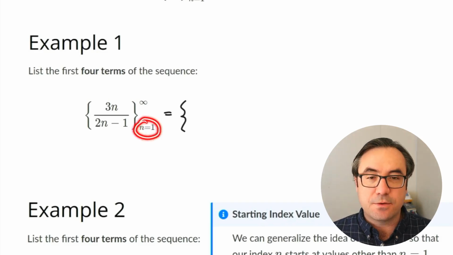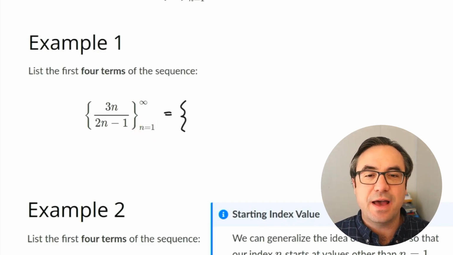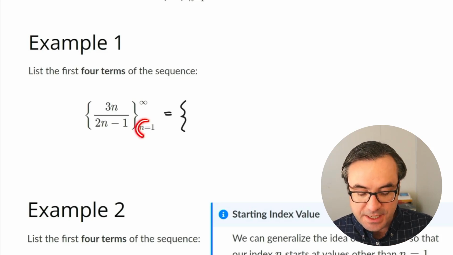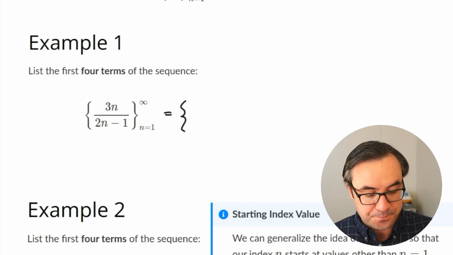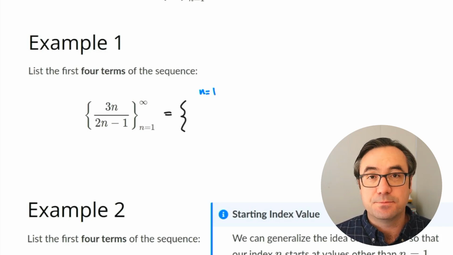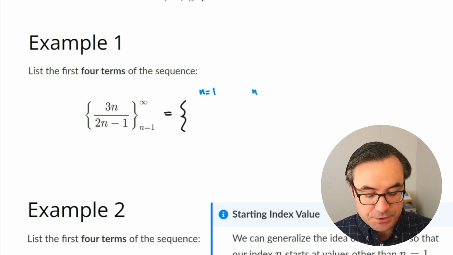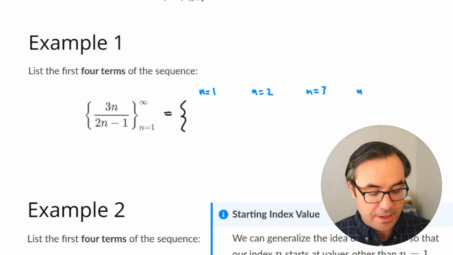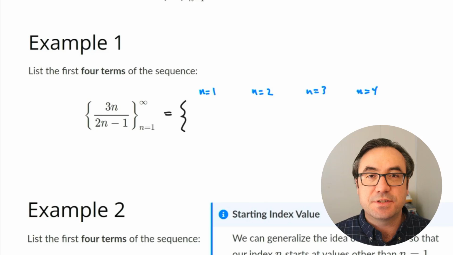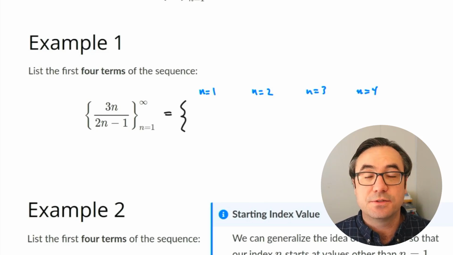We want to think of n as an index, indexing the terms of our sequence. So n equals 1 is going to be our first term. Then we'll plug n equals 2 in, then n equals 3, and then n equals 4. We plug each of these into our formula, and that gives us the next term in our sequence.